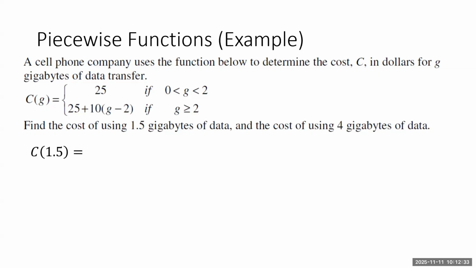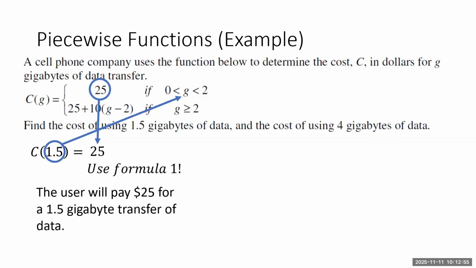So for the first part of this problem, we're computing c(1.5). Observe that the value 1.5 exists in the domain of 0 to 2. So we would use formula 1, in particular, the constant 25. The user will pay $25 for a 1.5 gigabyte transfer of data.